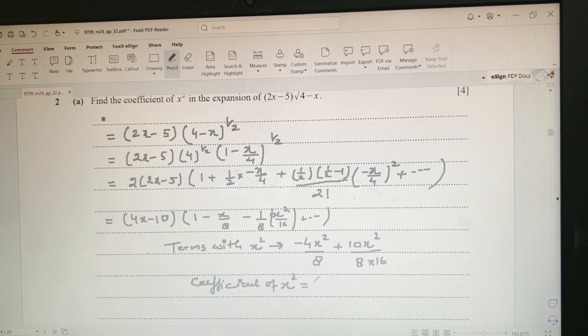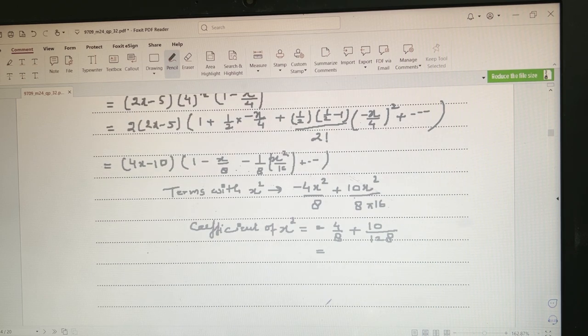So it will be minus 4 over 8 plus 10 over 128. Now take the LCM and simplify. LCM will be 128.